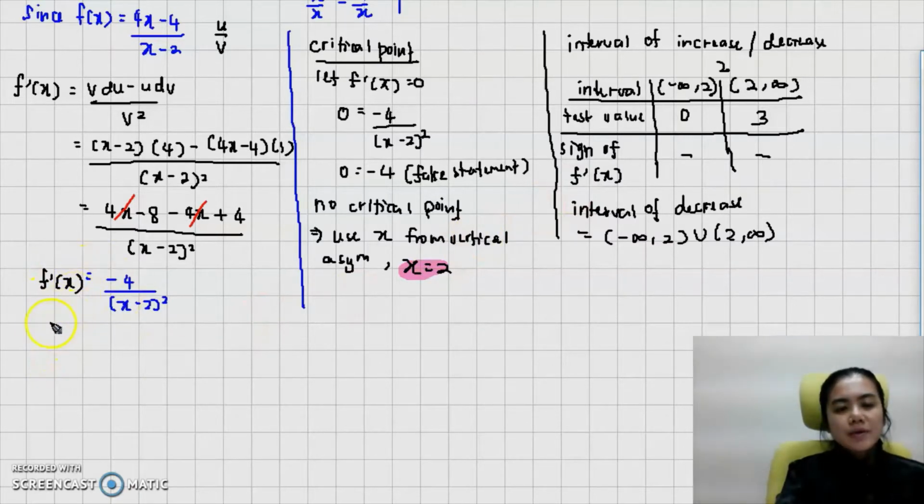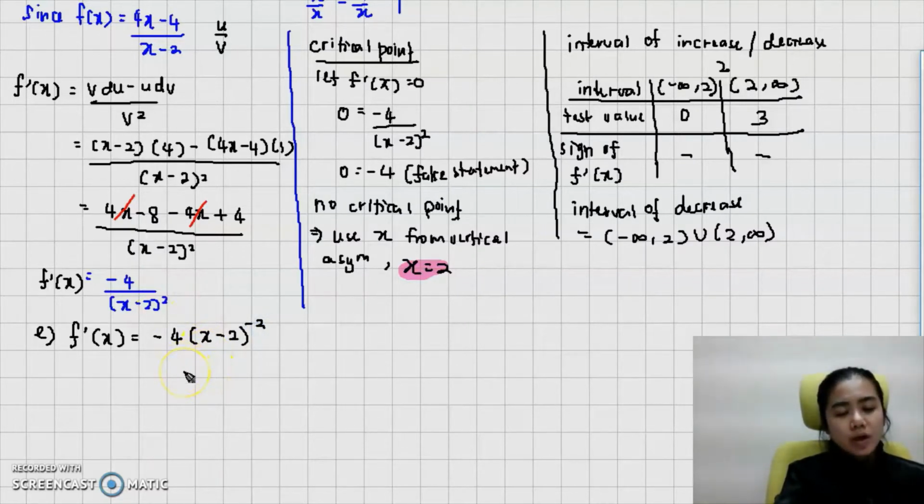Since you have this, this is your f prime. Write it in a way that is easy for you to differentiate. So you have -4 and (x - 2) to the power of -2. We don't use the quotient rule. Yes, you can use it, but it will give you a very lengthy calculation. So we just use the chain rule.